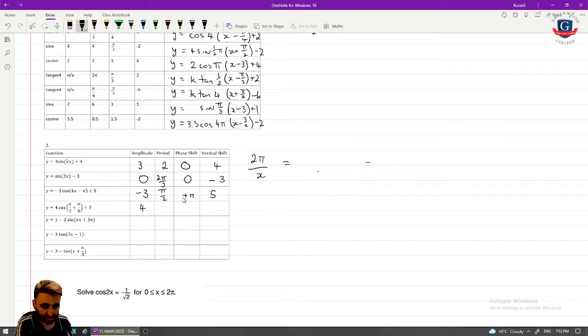Uh-oh, hang on. We've fallen for a trap. Let's go back a step. This does not give us the phase shift unless we've factorized it. So let's make sure we factorize it.